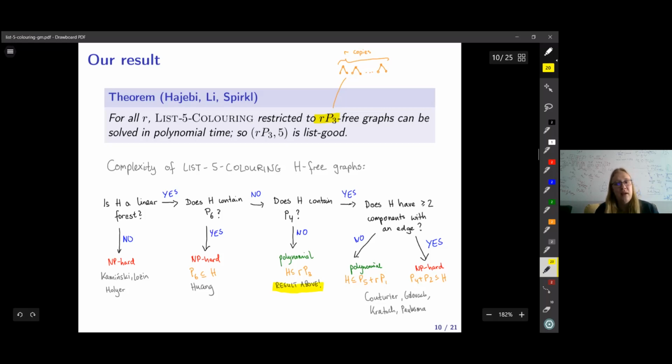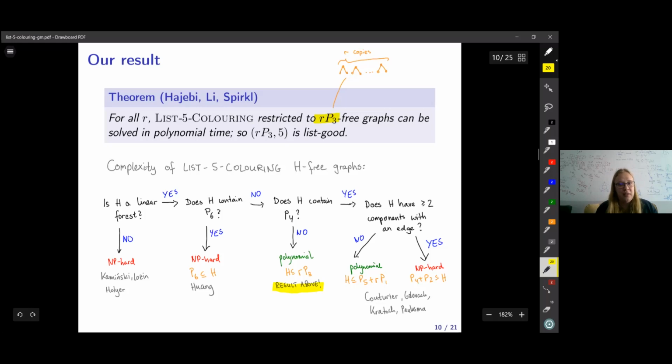And if yes, then we ask, does H have at least 2 components that have an edge in it? If the answer is yes, then we know we have a P4 and there is a second component with an edge, so we contain P2 plus P4. That's NP-hard. And if not, then there's one component with edges, which is not P6, but is P4 or P5.